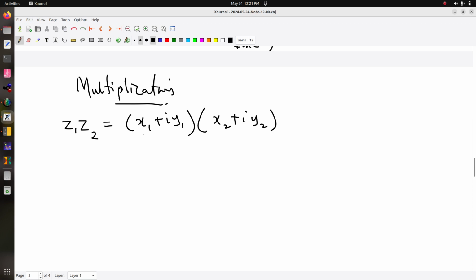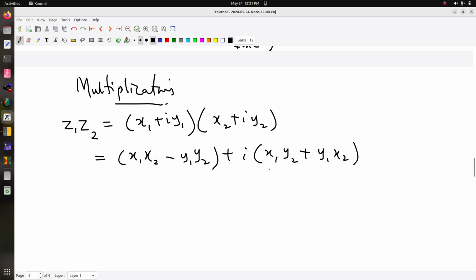So if you multiply, x1 multiplied by x2 plus x1 multiplied by iy2 plus iy1 multiplied by x2 plus iy1 multiplied by iy2. So if you do the multiplication, at the end of the day you have x1x2 minus y1y2 plus i(x1y2 plus y1x2).